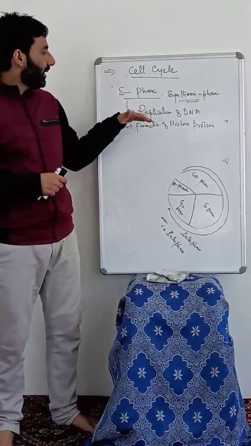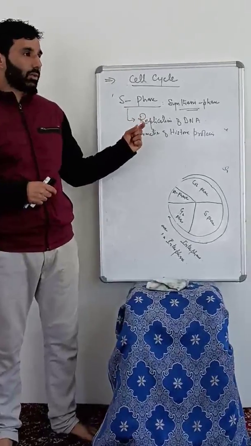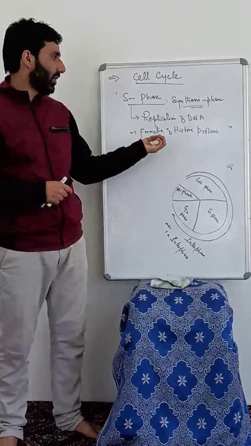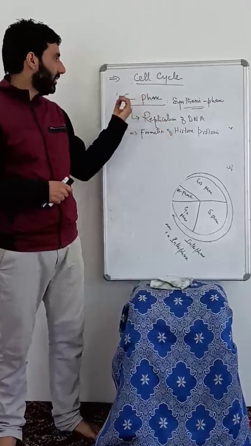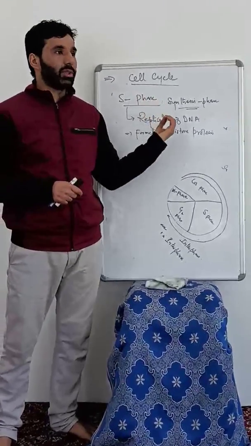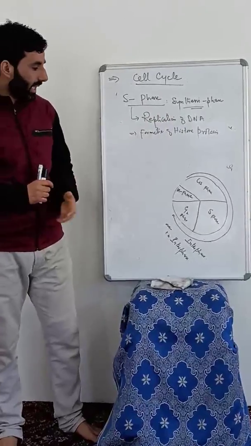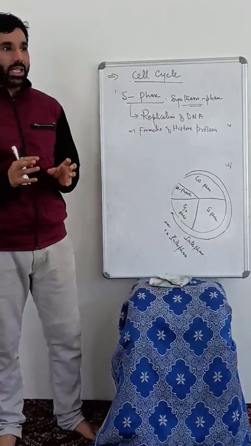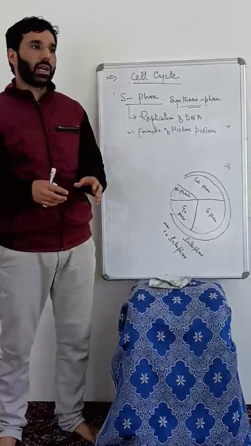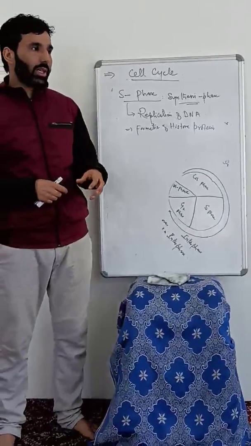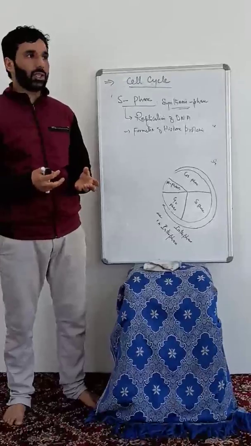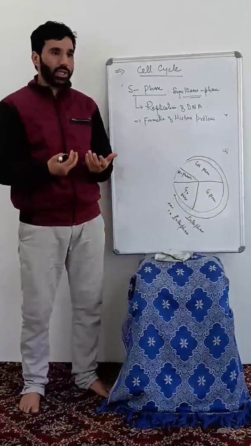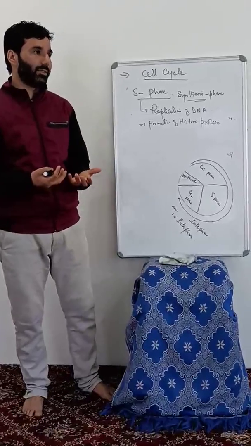But the most important, the most vital step that takes place in the S phase is the replication of the DNA. That's why it's called synthesis phase. So when the cell enters into the S phase, it doubles its DNA. Now the cell is committed to divide, because the cell cannot encompass a double amount of DNA, as it could create abnormalities in the future cell.